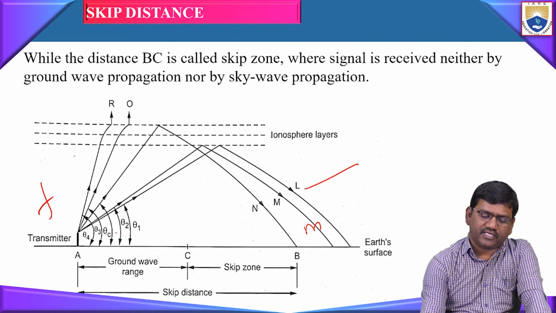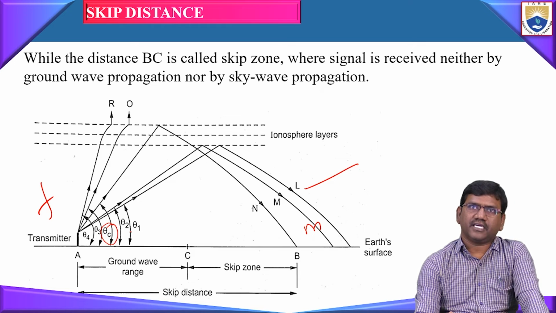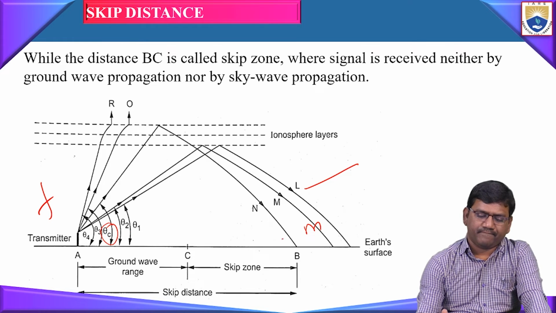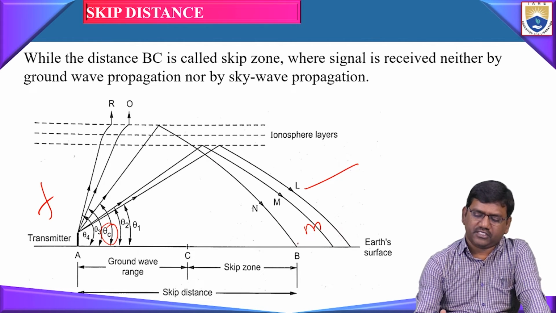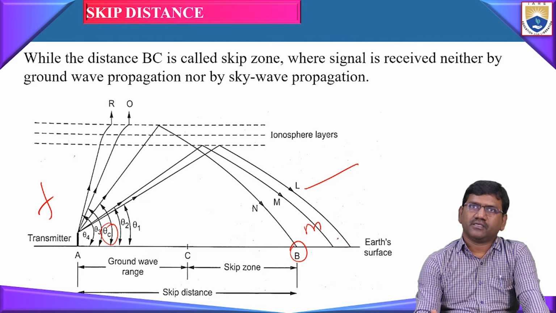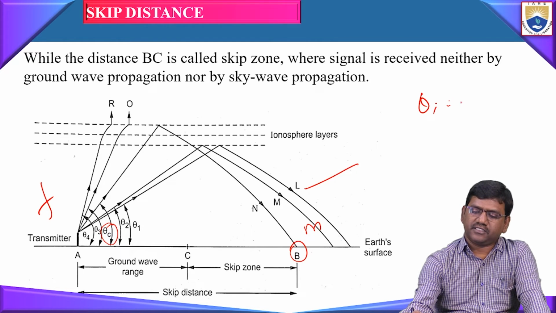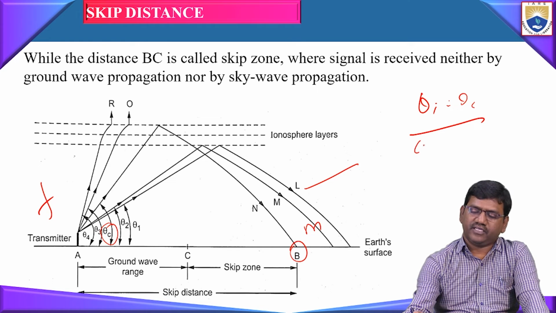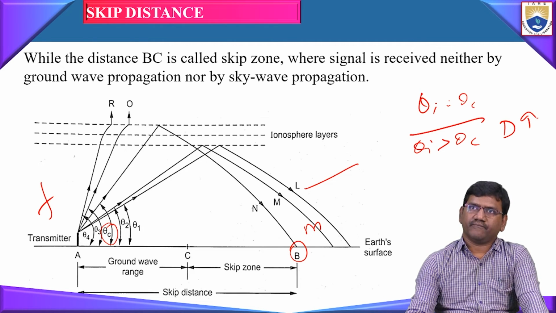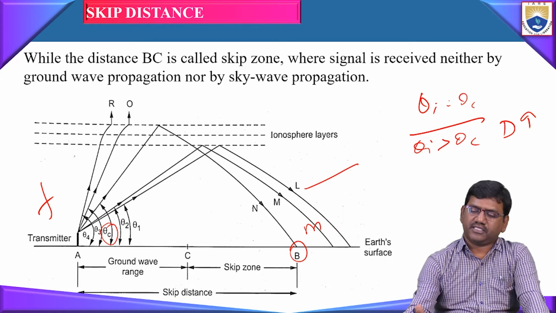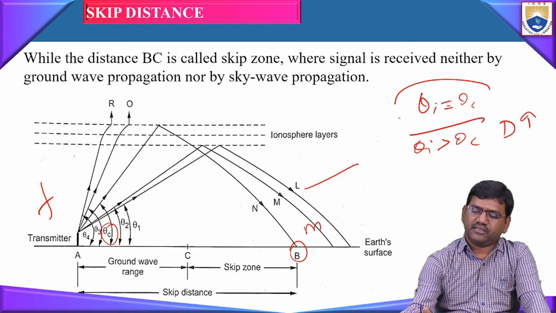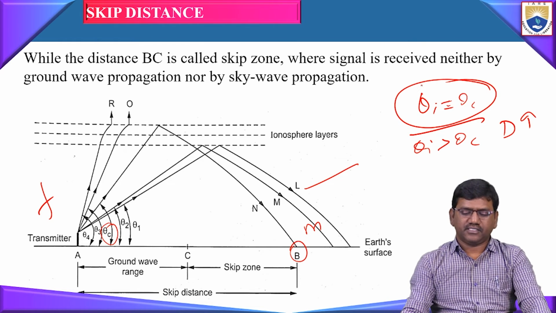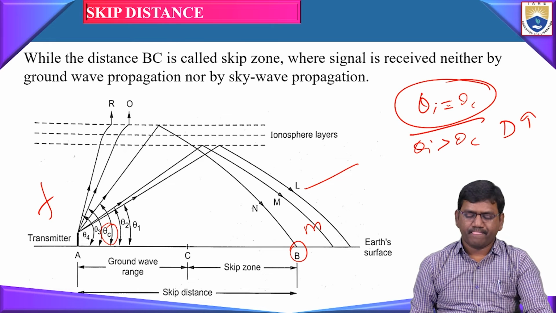And if we transmit at the critical angle, theta i equal to theta c, then it is going to reach path B. So this is the shortest distance. If we transmit the signal with theta i greater than theta c, the distance of propagation is more as we increase the value. So at theta i equal to theta c, the distance will be minimum. This is known as the skip distance.